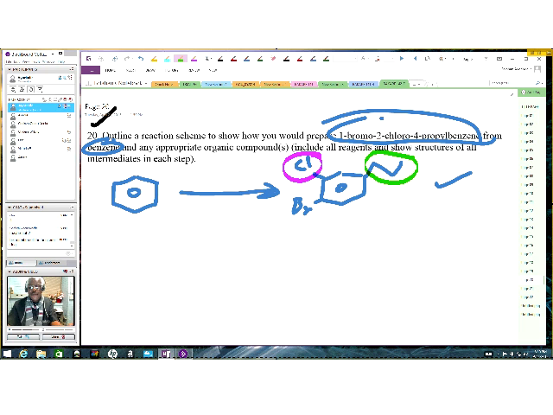And we know that chlorine is an ortho para director, and the propyl group is also an ortho para director. So the question now is, how do we direct the chlorine or the propyl group meta to each other? What that will tell you is that you have to introduce some group that is a meta director first before you do anything else.